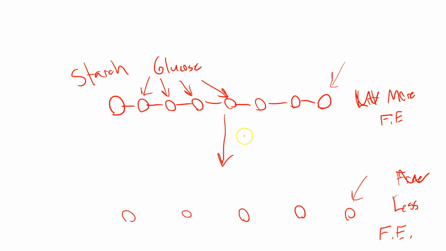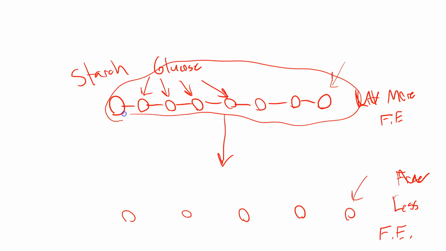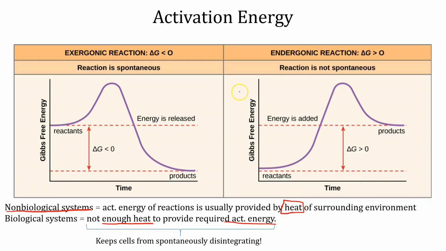But it's a really good thing for us that starch doesn't just automatically break down all the time, because sometimes your cells need to keep starch. Let's say that this wasn't starch and this was a protein, and these were all amino acids. Well, you don't want all of your proteins to break apart into amino acids, because you need these big, large macromolecules, okay?